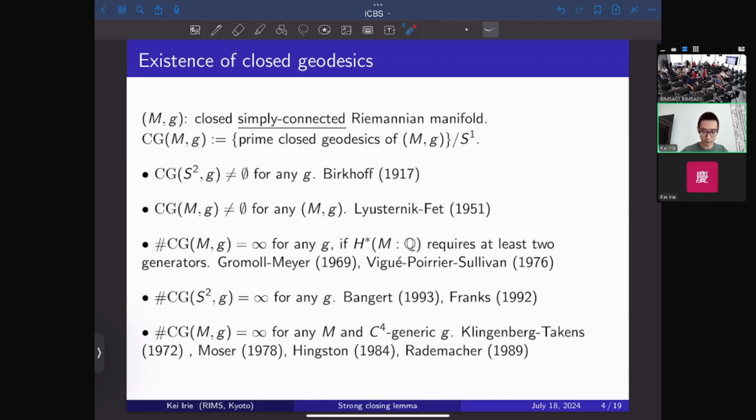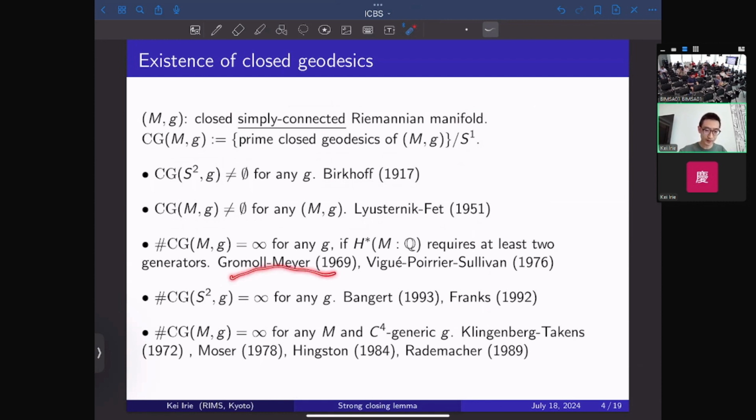First of all, many years ago, Birkhoff proved the existence of at least one closed geodesic on the two-sphere for any metric using the minimax method. And in the 50s, Lyusternik and Fet proved the existence of at least one closed geodesic for any simply connected manifold using Morse theory on the free loop space.